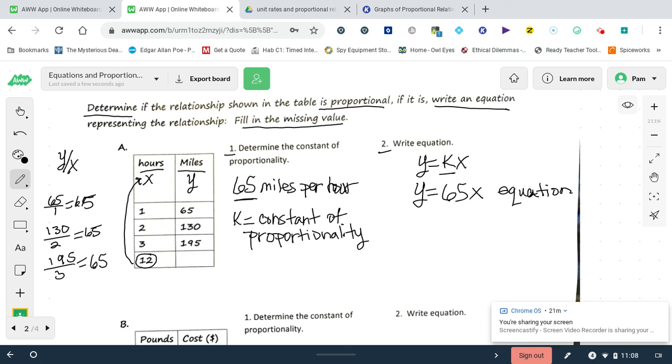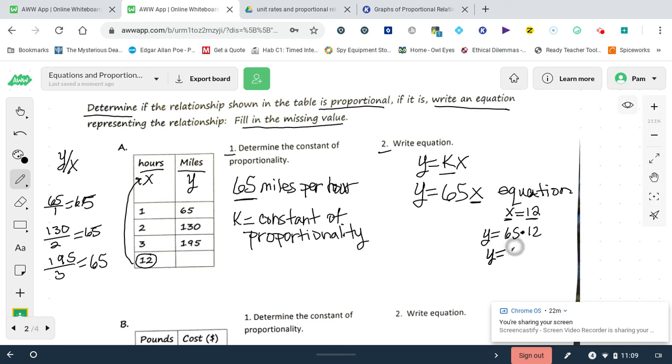So what I'm going to do is substitute an x of 12. If I substitute an x of 12, and we've done substitution, I end up with y equals 65 times 12, because all I did was change my x to 12. So for your y value, you just multiply 65 times 12, and you should get 780.